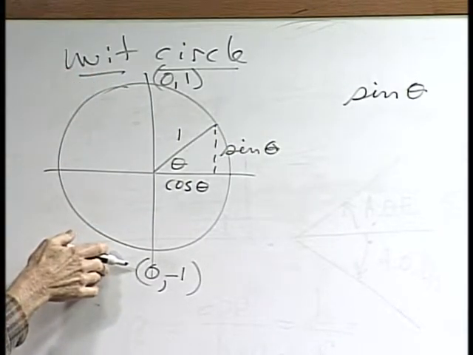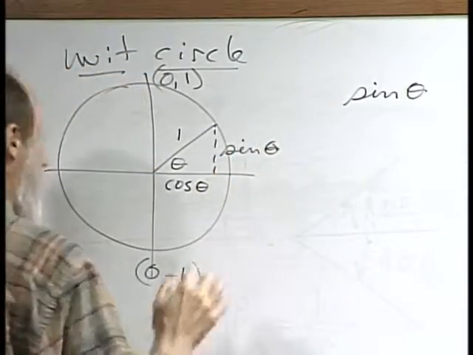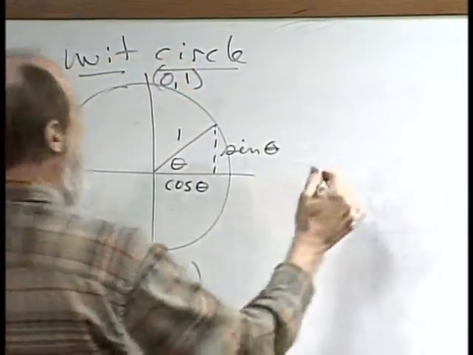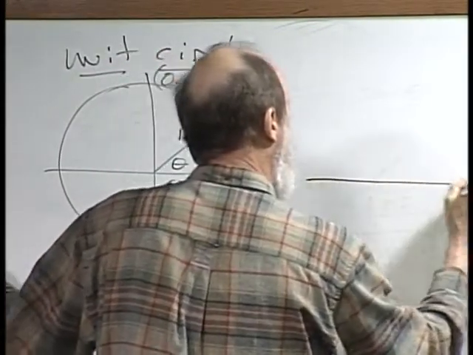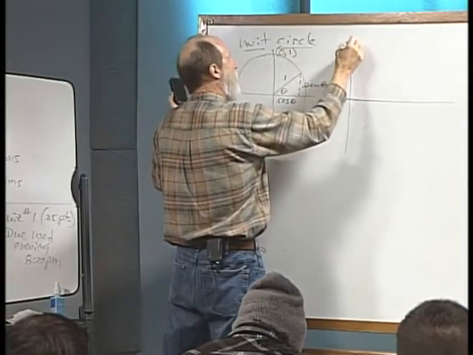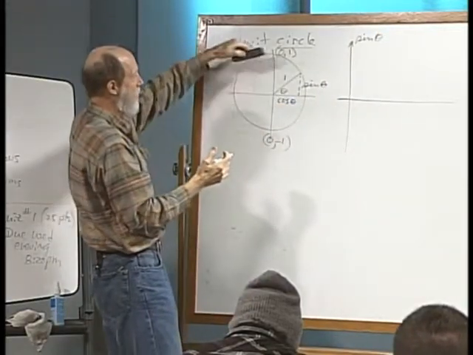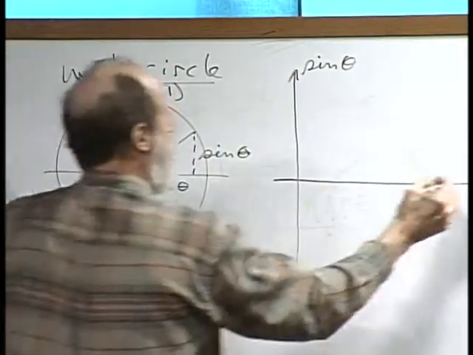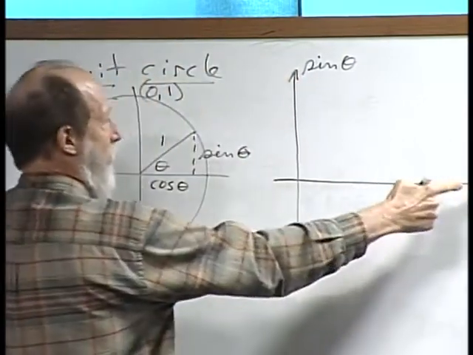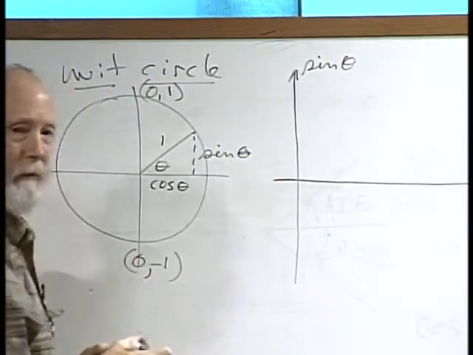You should be comfortable with that. What I want to do on the board is translate those y values that occur as you let the angle change onto a graph that shows, if the angle is our independent variable, what are the values of the sine ratio.